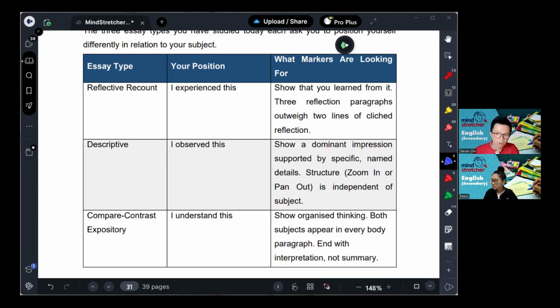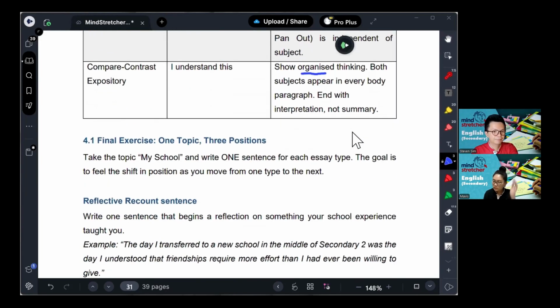So your thinking must be organized. It cannot be haphazard. It's very different. It's not poetic. There's hardly any space for metaphors. You can for dramatic impact, but it's not driven by that.